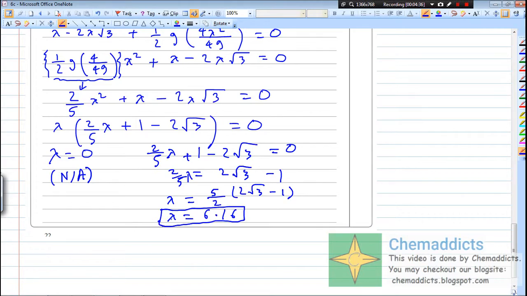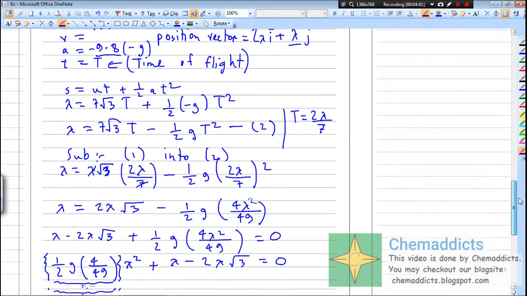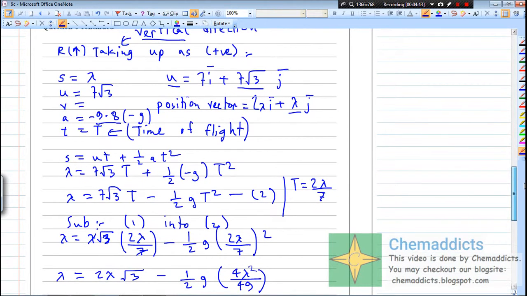Now let us substitute this value into the equation that we have obtained, which is this.